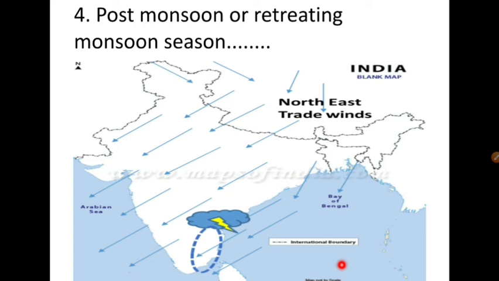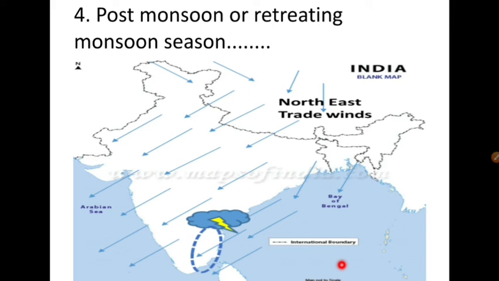Consequent upon southward migration from the equator and withdrawal of intertropical convergence from over India, the southwest monsoon is finally withdrawn from northwest India by the end of September, resulting in clear weather.